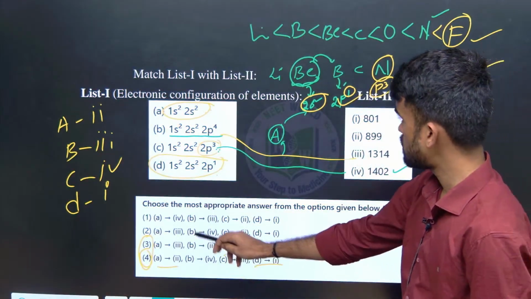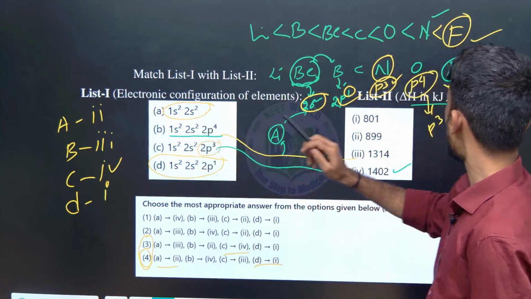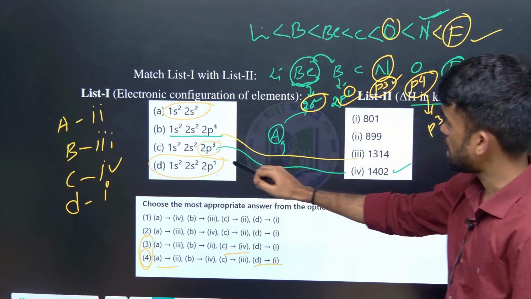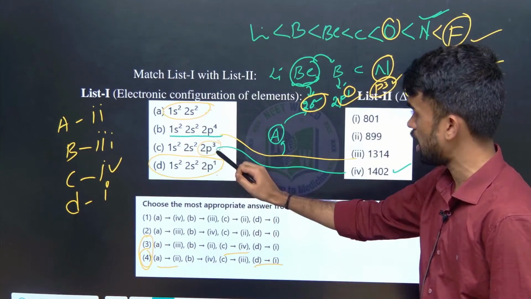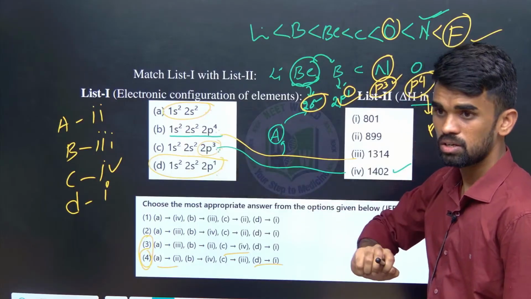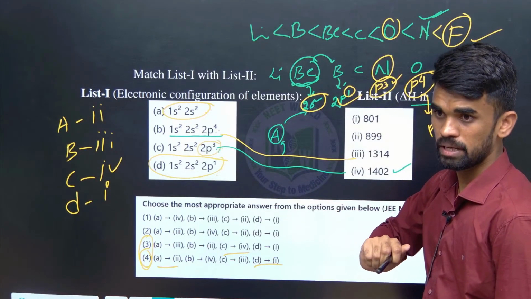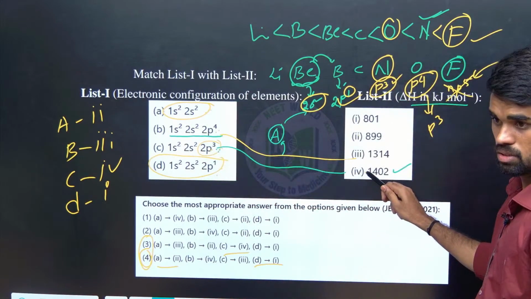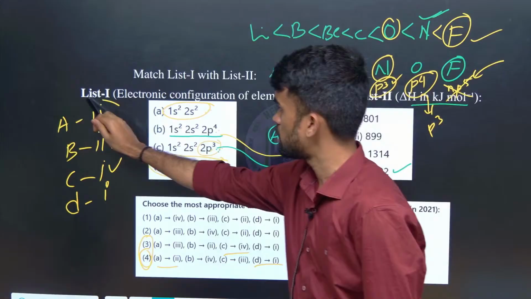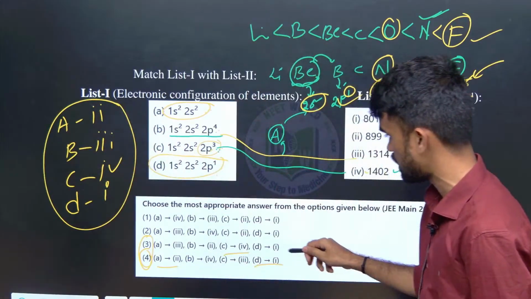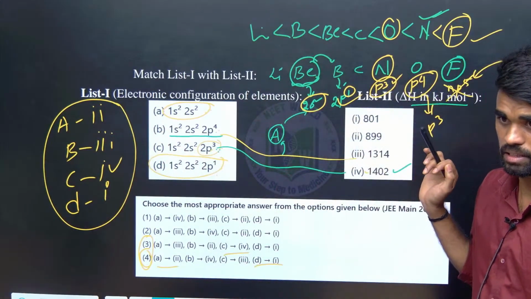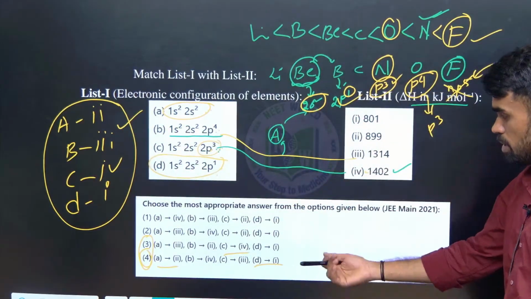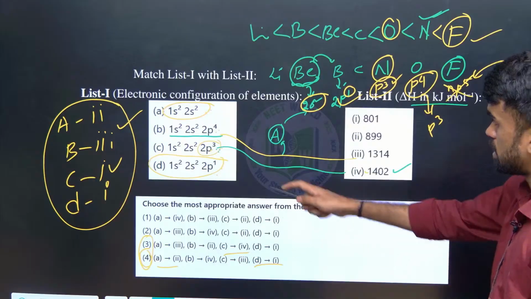So B means what? See, oxygen has a lower value than nitrogen. This is the nitrogen electronic configuration, which means nitrogen should have more value than oxygen. Definitely that should be like that only. So it means C should be highest. So this is the perfect answer, but I think there is no exact match. So we can go with this option only. Maybe a printing mistake you can consider, but this is the perfect answer.